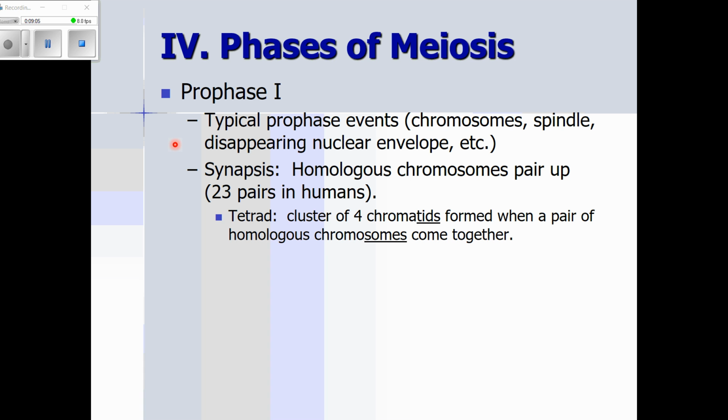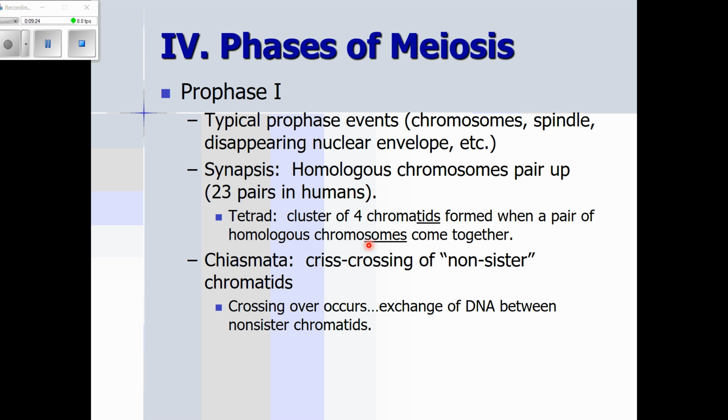And every time a pair gets together, a blue and a red chromosome, we call that a tetrad. What is a tetrad? It's a cluster of 4 chromatids when a pair of chromosomes, a blue chromosome and a red chromosome, come together. Every place they physically touch each other is called a chiasma, chiasmata plural.